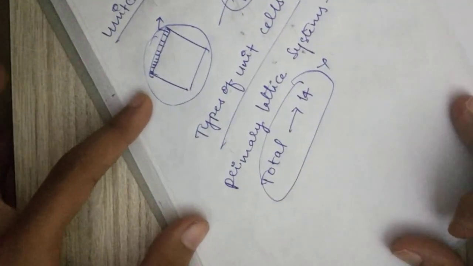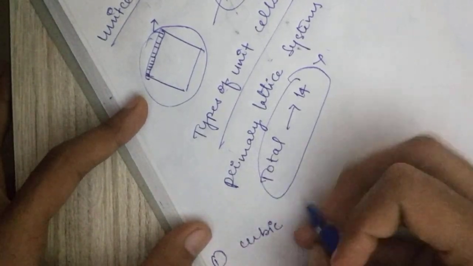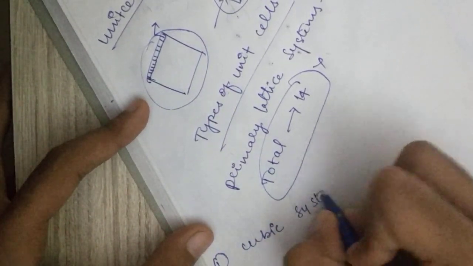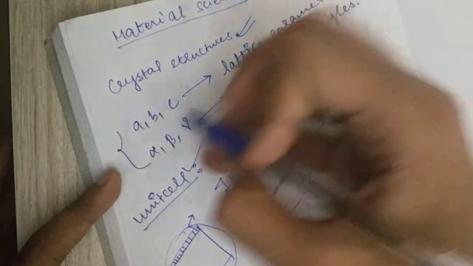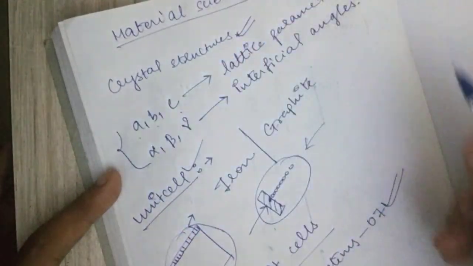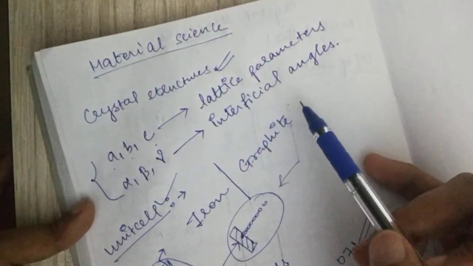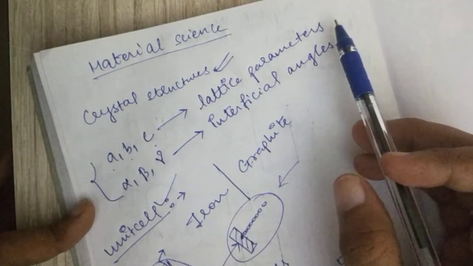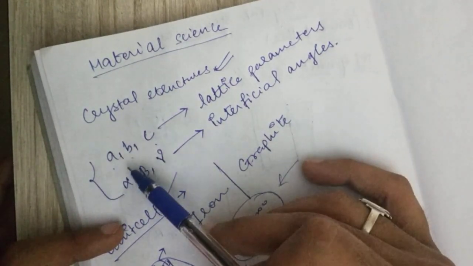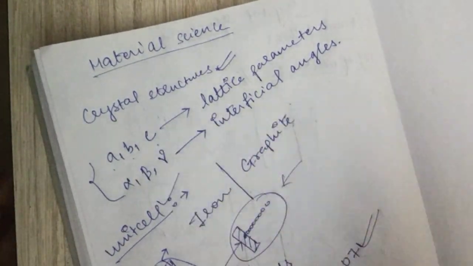There are 7 types, and the first one is the cubic system. As we studied earlier, to define a lattice we need lattice parameters A, B, C. These represent the dimensions, but in material science, with respect to the unit cell, they are called lattice parameters. Next, we have interfacial angles, that means the angle with respect to each axis.